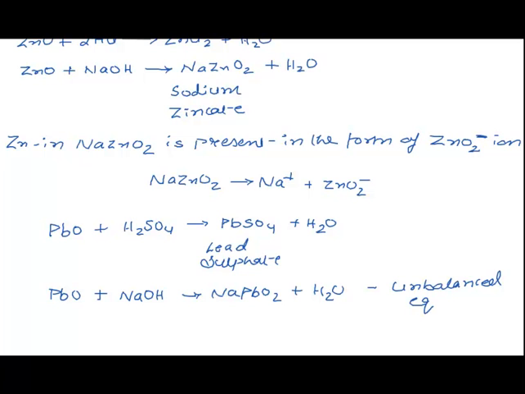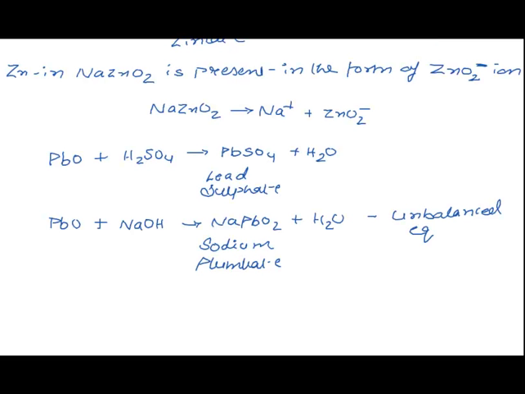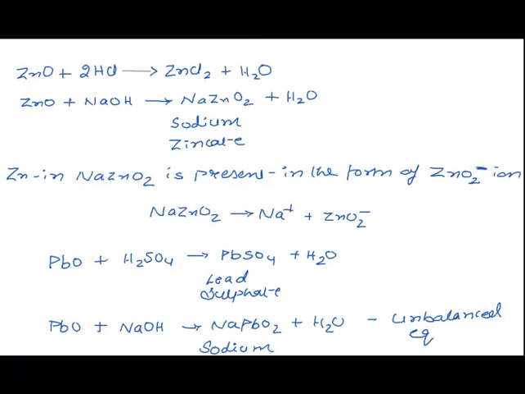This is sodium plumbate. The name of the cation comes first. Right, children? So, a metal oxide which reacts with acid as well as base is called an amphoteric oxide. Clear?